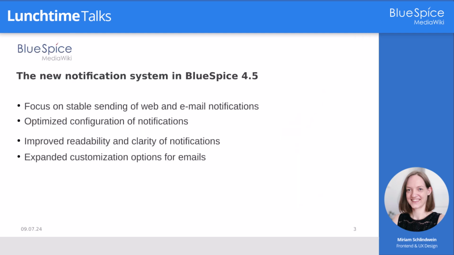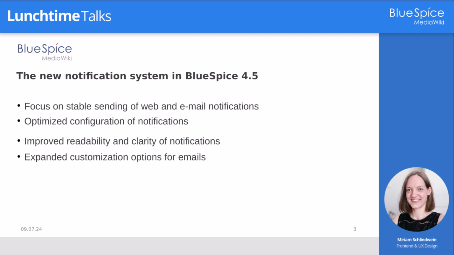So the new notification system in BlueSpice 4.5, maybe you know that or maybe not. Since this version, we use the standard MediaWiki notification extension, which is called Echo. This is not maintained by Hallo Welt, so that's a generic MediaWiki extension, and that makes it hard to make changes there or adapt something.